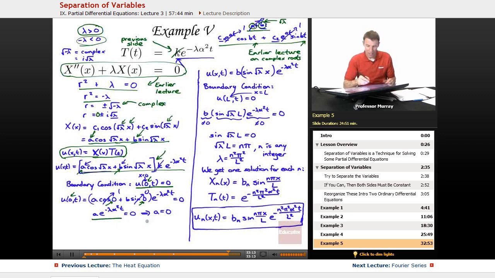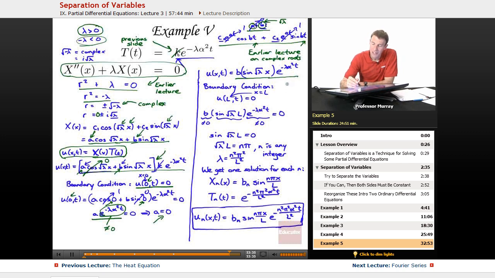Well, e to the something is never equal to 0, so we must have A equal to 0, which means that whole term drops out of our solution. So we're just down to the simpler solution, B times the sine term times that exponential term.